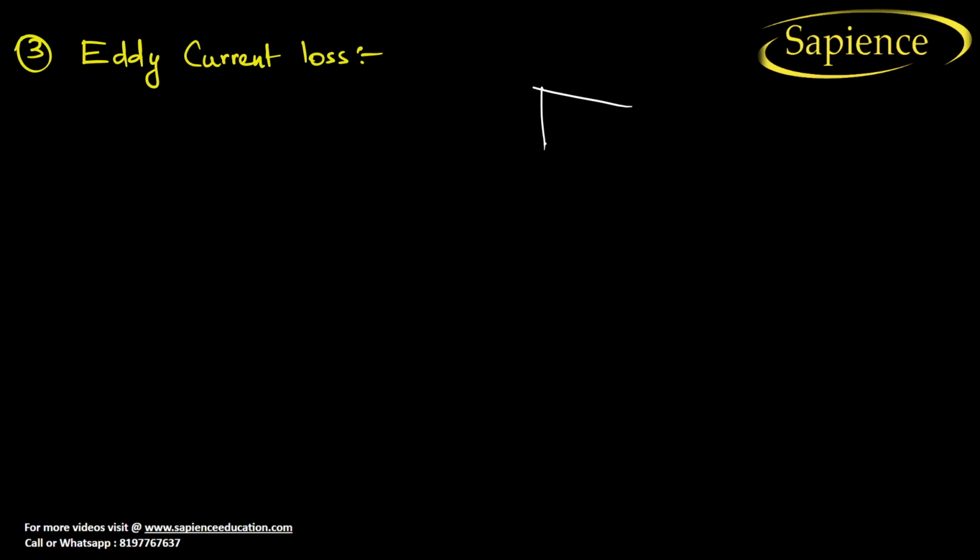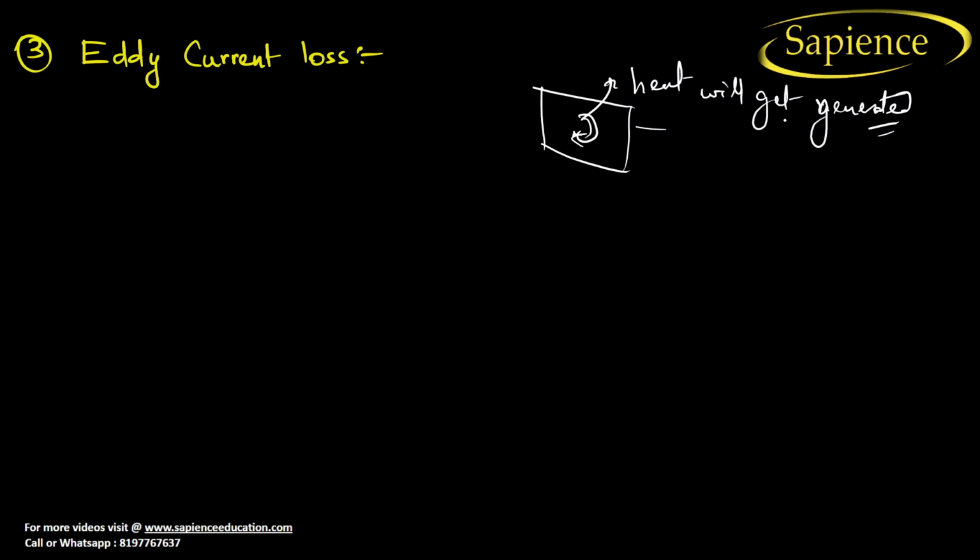Now next, third is eddy current loss. Each and every plate is made of a material, so due to magnetization and demagnetization, a current is formed which won't find any direction. So heat will get generated, and eddy current will be formed.